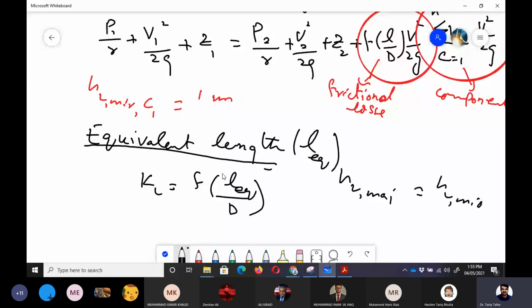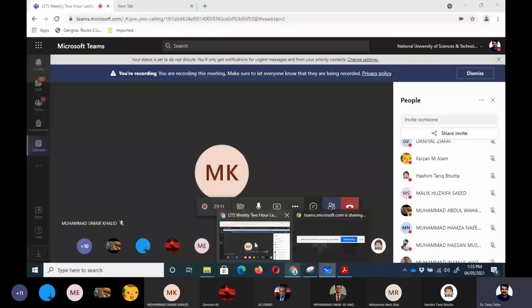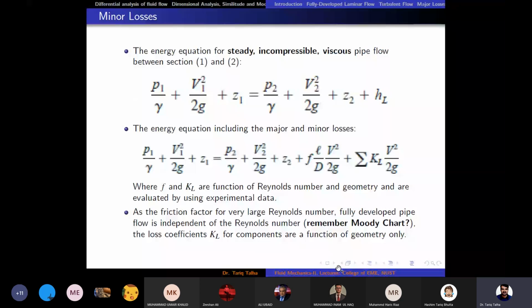Then instead of putting that component there, we just add that straight pipe length that would produce the same head loss, and then we can easily do the analysis using software. Otherwise, if that component is there, then maybe the analysis would be a little bit more complex.